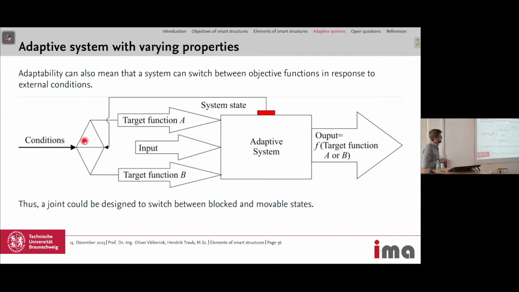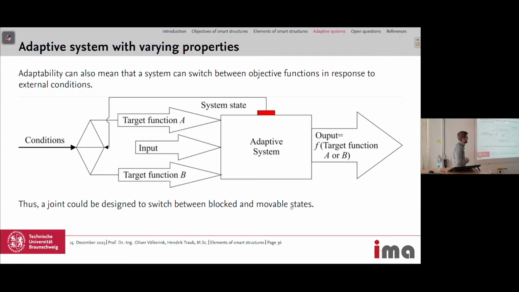We have a condition and here a system state, and then we can switch between target function A and target function B, and therefore our input is converted in the adaptive system to output A or B, as a function of the target function A or B. An example could be a joint, which is designed to switch between a blocked and a movable state.